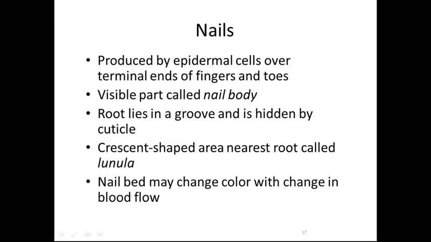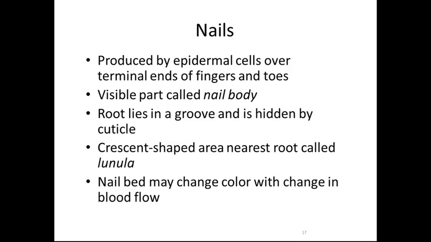Nails are produced by the epidermal cells over the terminal end of the finger or toe. The visible part of the nail is called the nail body. Roots lie in grooves and are hidden by cuticles. And the crescent-shaped area nearest to the root is called the lunula.